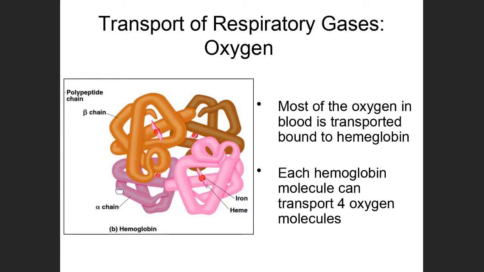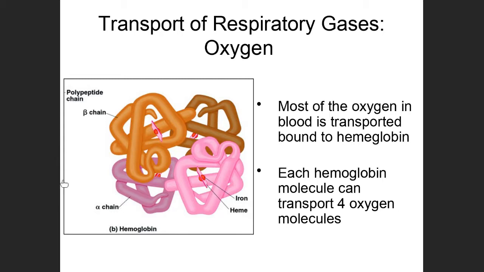So if you look at a single molecule of hemoglobin, there's 1, 2, 3, 4 sites where oxygen molecules can actually bind. And what that means is each hemoglobin molecule is capable of transporting 4 oxygen molecules. And one thing that's kind of interesting about hemoglobin and red blood cells, there are about 250 million molecules of hemoglobin in a single red blood cell.